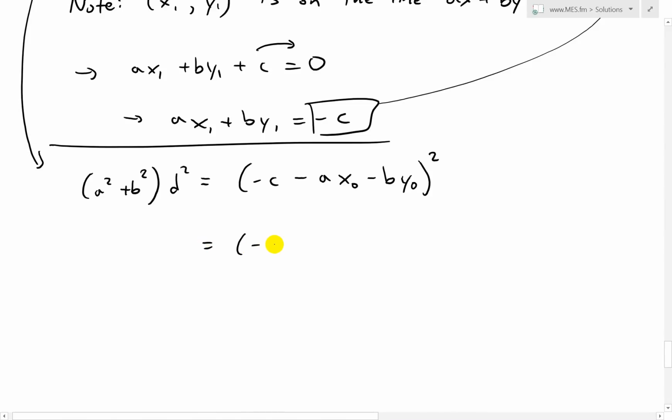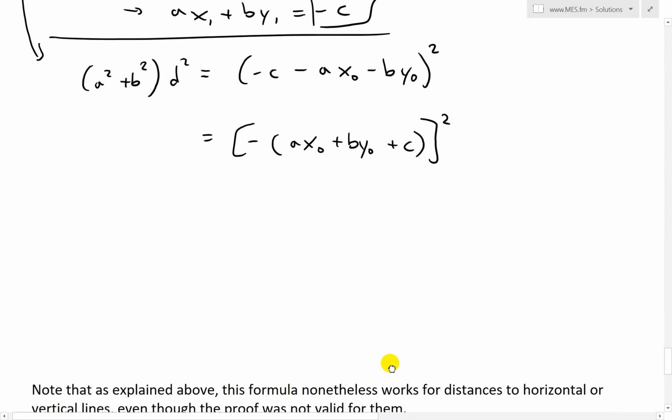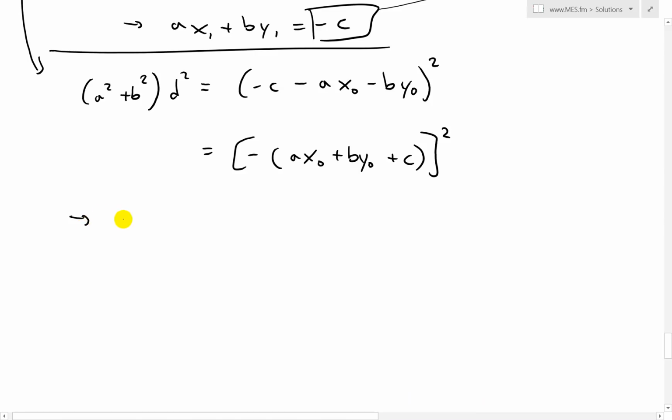So let's put the negative outside of it, so we have a bracket like this, negative, and then we have ax0 plus by0 plus c, squared. When you square a negative, it just becomes positive. So thus we just end up having a squared plus b squared d squared equals, moving that whole negative out, ax0 plus by0 plus c, and then we square it all.